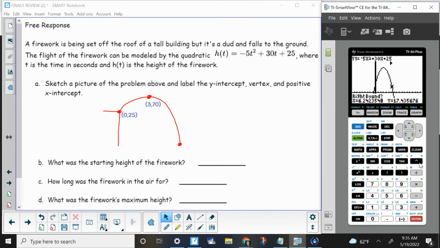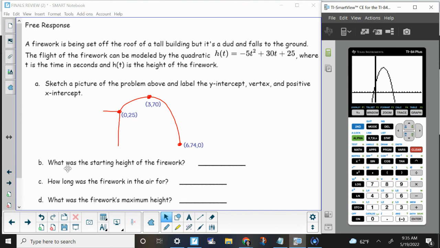So I'm going to go to the left side, scroll below the x-axis and hit enter. Then I'll have my two arrows there, and the blinking cursor. I will hit enter again. I'm looking at this first number right here, and it's 6.74. That is where this line crosses the x-axis. So the firework will hit the ground after 6.74 seconds.